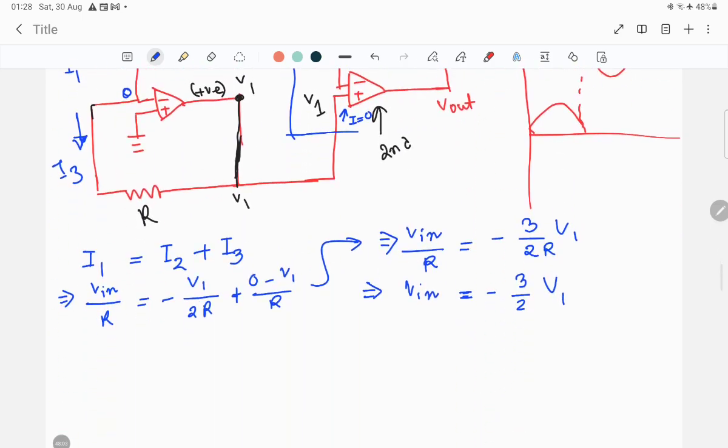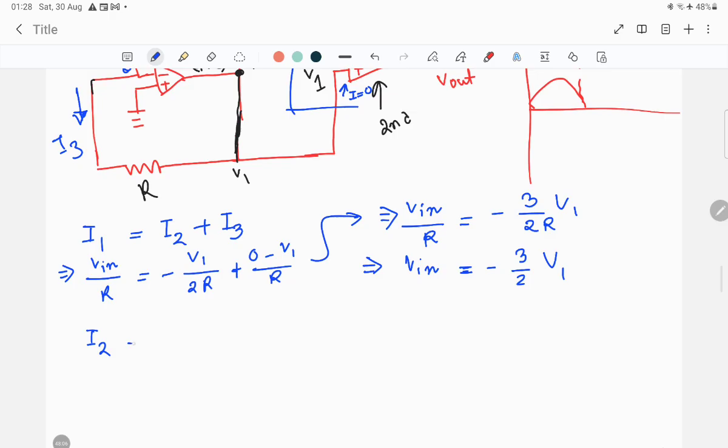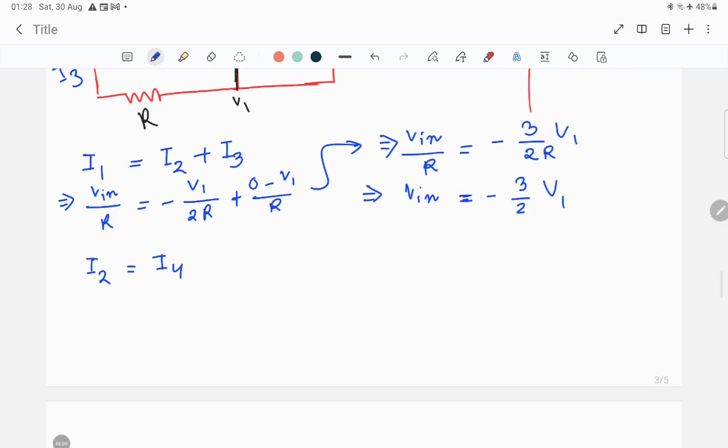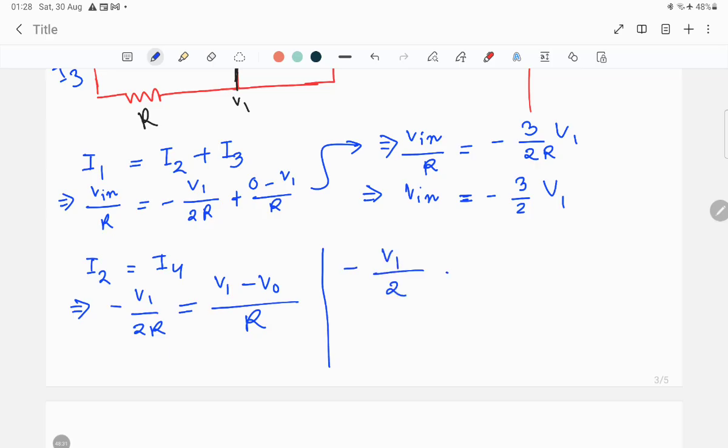So I2 is equal to I4. I2 is nothing but minus V1 divided by twice R, and I4 is V1 minus V0 divided by R. So minus V1 by 2 is equal to V1 minus V0.